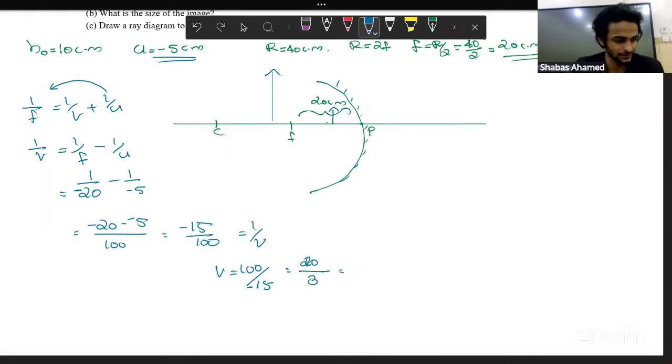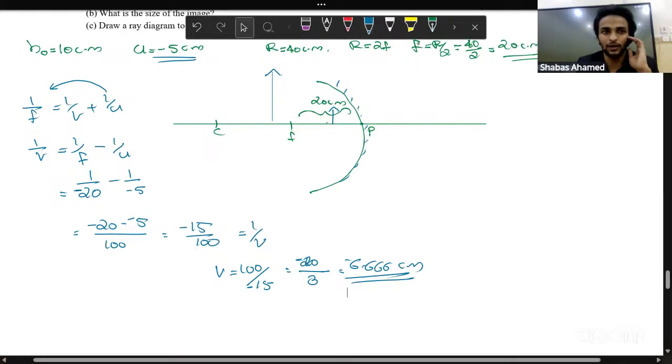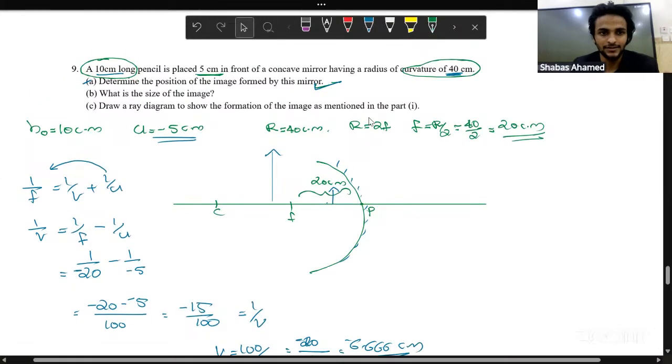If we divide by 5, it will be 20 by 3. 20 by 3 will be equal to 6.666, or the negative sign is there. So negative 6.666 centimeter. So the image will be formed in front of the mirror at 6.666 centimeters.